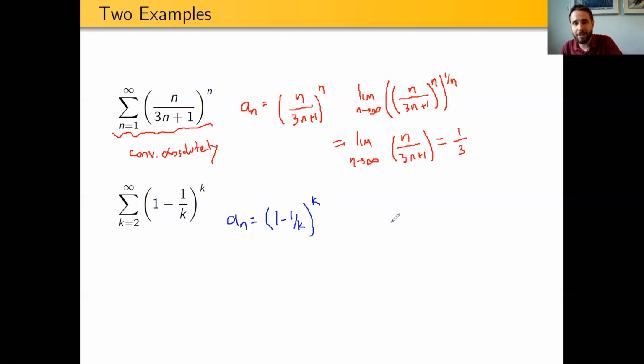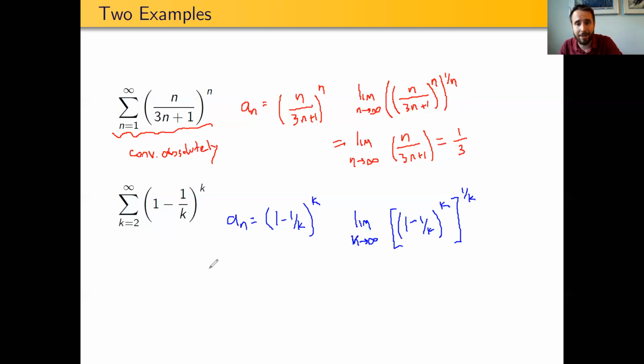And if we tried to take the root test straight up, we would have to evaluate the limit as k goes to infinity of a sub k, so that's 1 minus 1 over k. We would throw on absolute value signs if we needed it. In this case, everything will be positive, so we're okay. And then I will take the kth root of that, so 1 over k. Now I'll take the limit as k goes to infinity.